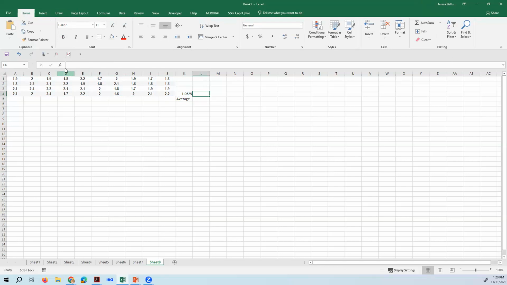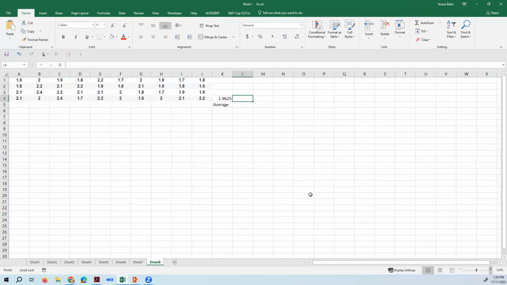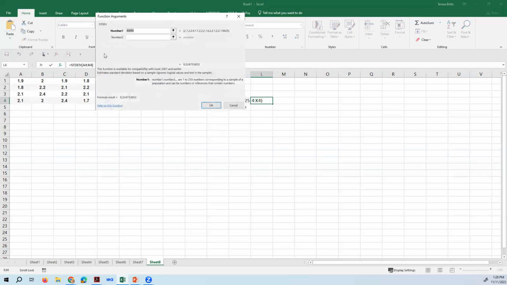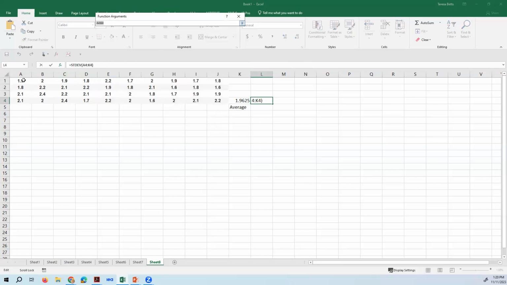We also need to know the standard deviation. So to find the standard deviation, I'm going to use a function and type in up here. If I want to know the standard deviation, what function should I use? It returns STDEV, which estimates standard deviation based on a sample. So we're going to use that function, and again highlight that same set of data.